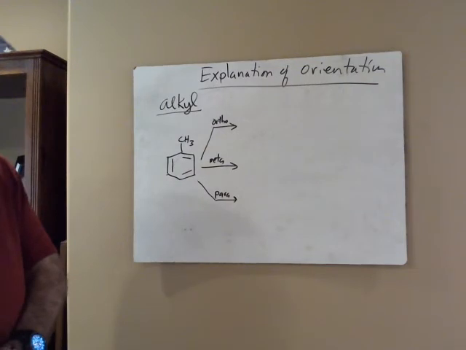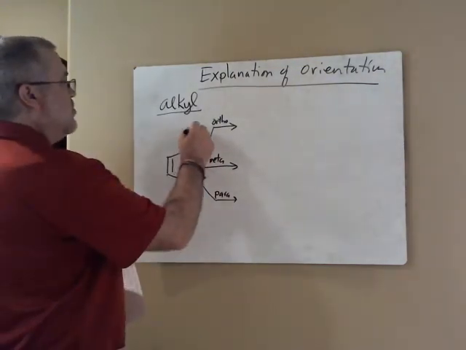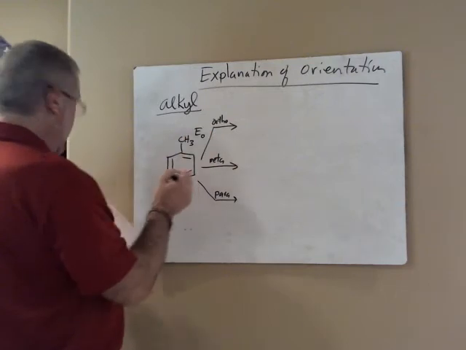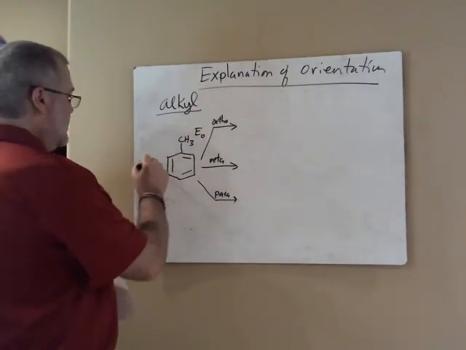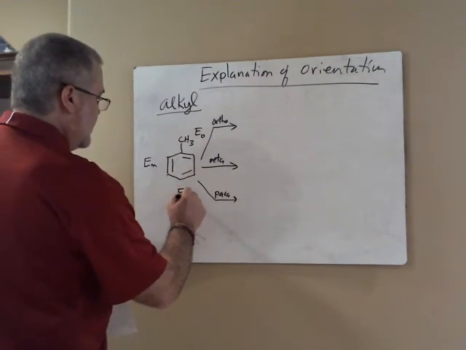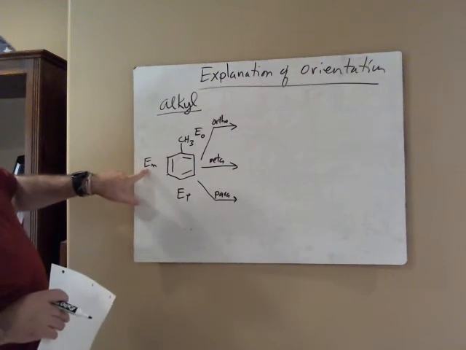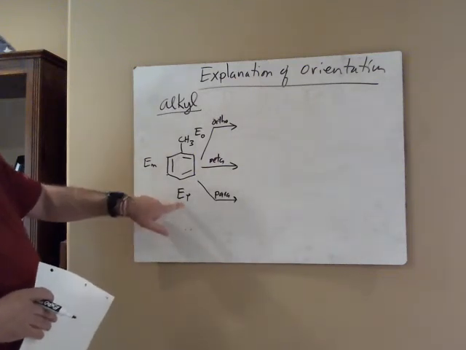Okay? And then we're going to look at putting an electrophile in a position to substitute at those positions. So I'm going to put in an ortho electrophile, a meta electrophile, and a para electrophile.